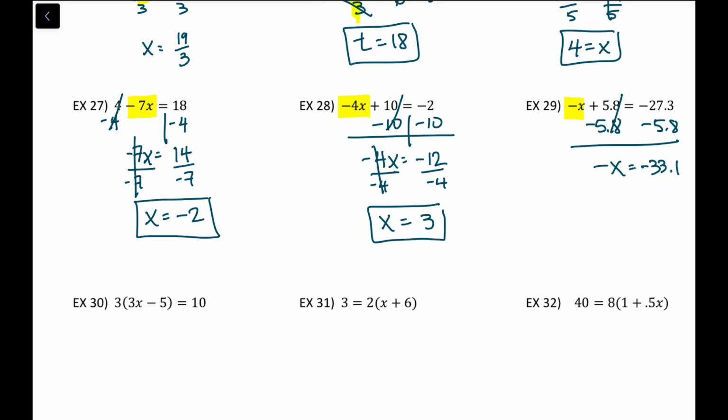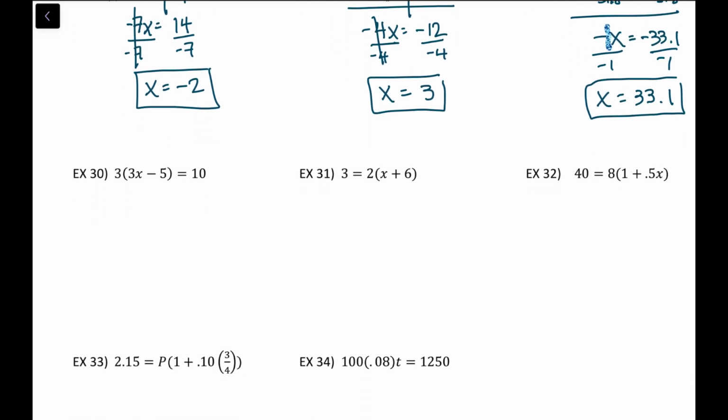That's like saying we have a negative 1x. So we want to go through and divide by negative 1. Dividing by negative 1 just changes your sign. So now I have a positive x, and now it equals a positive 33.1. Since the problem had decimals in it, decimal answers are just fine.